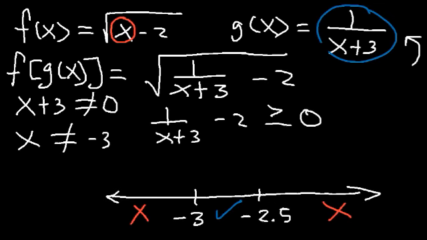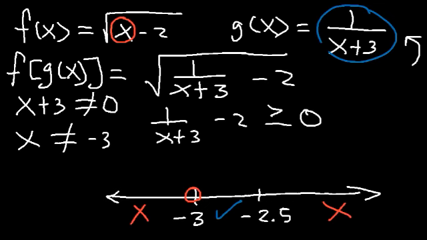Now the next thing that we need to take into account, at negative 3, do we have an open circle or a closed circle? Notice that it does not include negative 3, so it's an open circle at negative 3. Now what about negative 2.5? Does it include it?